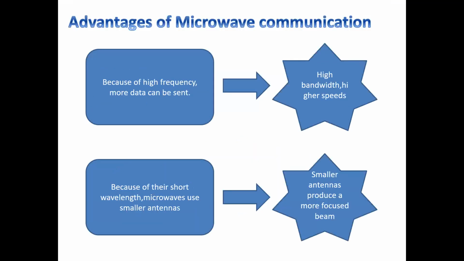Okay, a few more advantages. Since it has a high frequency, 300 megahertz to 300 gigahertz, you can send more data through the microwave, and it has high bandwidth and higher speeds.